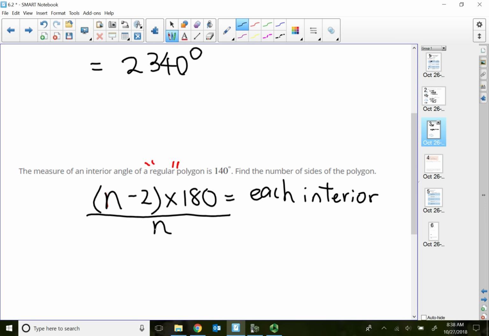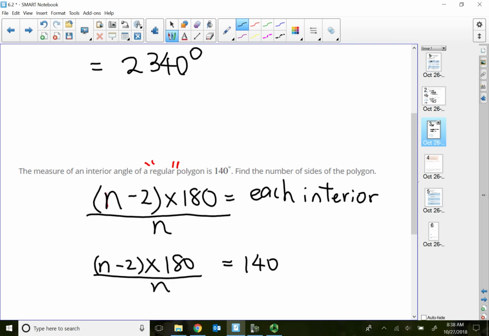Each interior angle right now is 140 degrees, so that will be (n minus 2) times 180, divided by n.